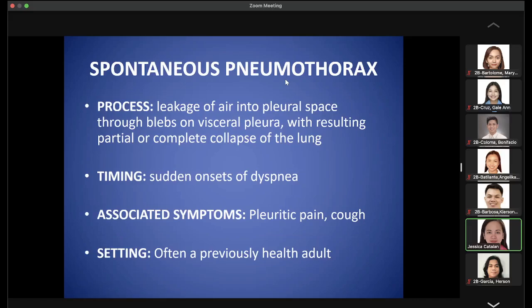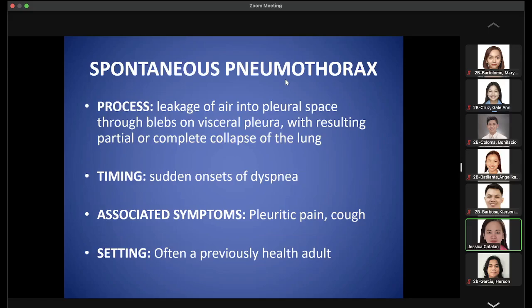Next disease is spontaneous pneumothorax. What is pneumothorax? There is leakage of air into the pleural space through blebs on the visceral pleura. Usually these blebs and bullae rupture, resulting in partial or complete collapse of the affected lung, whether right or left. By the word spontaneous, there is sudden onset of difficulty of breathing in the setting of a previously healthy adult.